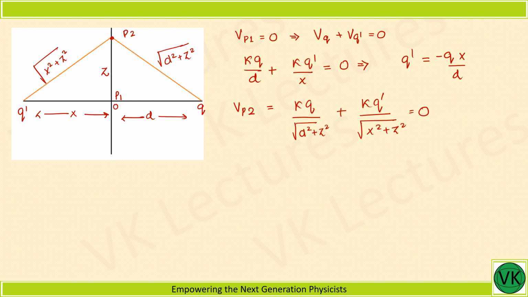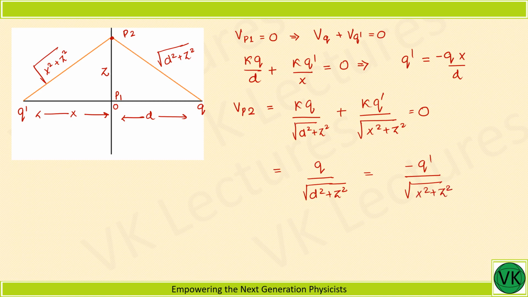Now K gets cancelled. Now we can write it as Q divided by root of D square plus Z square equal to minus Q dash divided by root of X square plus Z square.